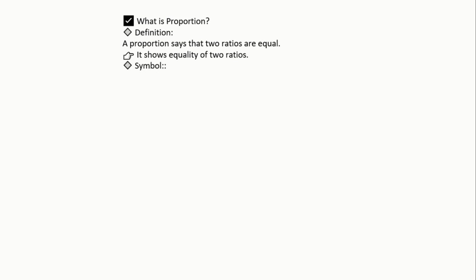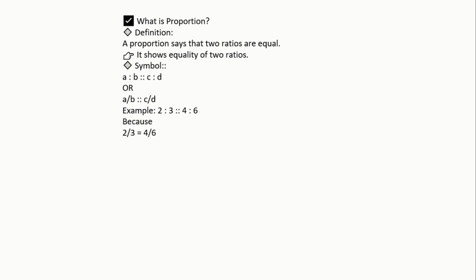The symbol is like the ratio, only we have to give it twice. So we write A is to B proportion to C is to D, or A by B proportion to C by D. For example, we take 2:3 proportion to 4:6.